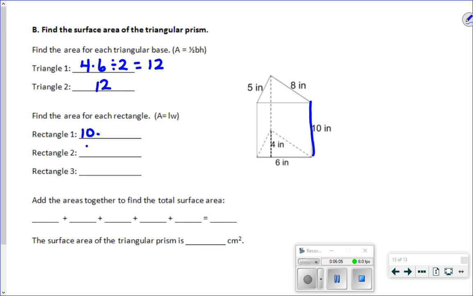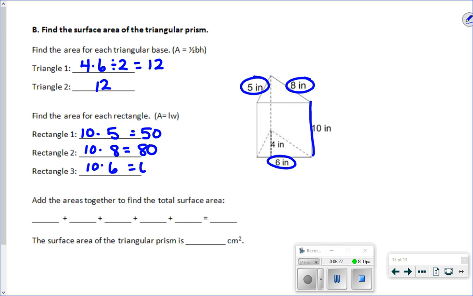So 10 times something, that's going to be our 3 different rectangles. So it's 10 times, and then I need the side lengths of the triangles. The side lengths of the triangles are 6, 8, and 5. So 10 times 5, that's 50. 10 times 8, that's 80. And 10 times 6, that's 60.